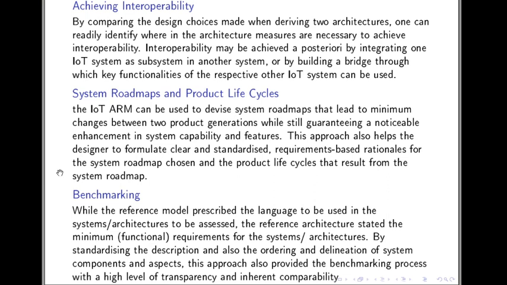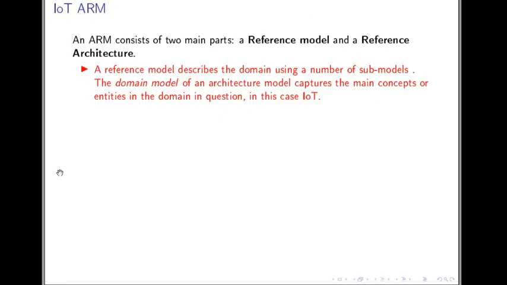So while the reference model prescribes the language to be used in the system architecture to be assessed, the reference architecture states the minimum functional requirements for the system architecture. By standardizing the description and also the ordering and delineating of system components and aspects, this approach also provides the benchmarking process with a high level of transparency and inherent comparability.